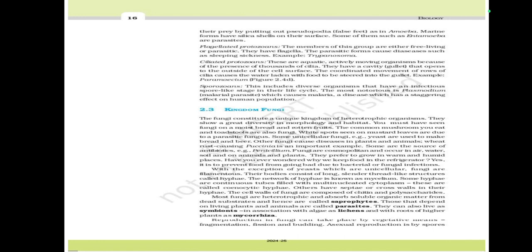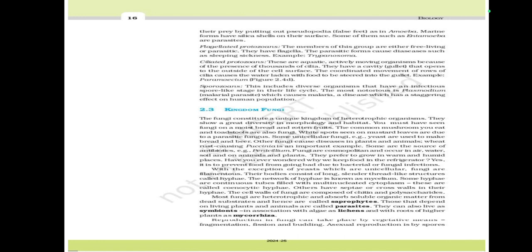Their bodies consist of long, slender, thread-like structures called hyphae. Some are continuous tubes filled with multinucleated cytoplasm. These are called coenocytic hyphae.